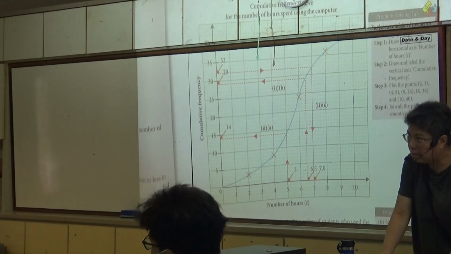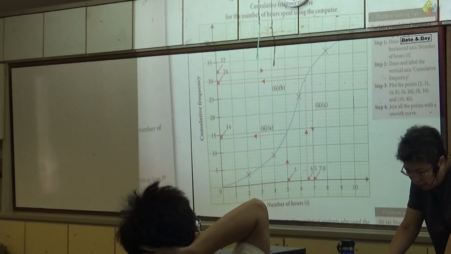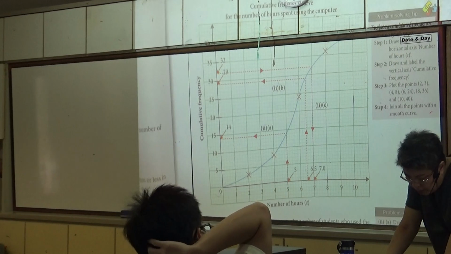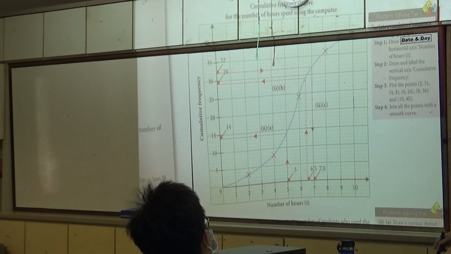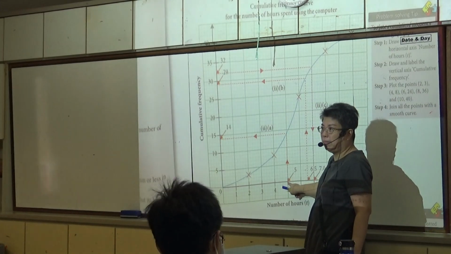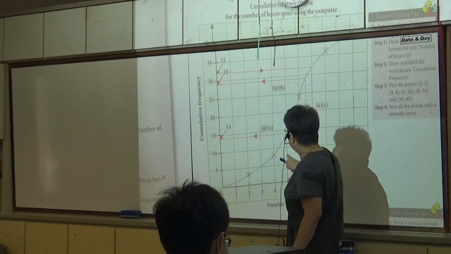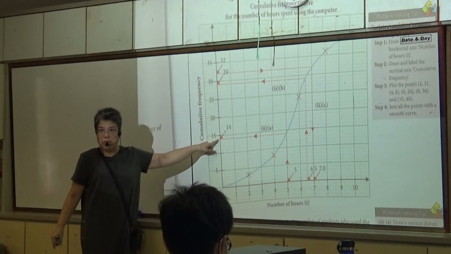Okay. Alright, now let's take a look at the question here. Using the cumulative curve, estimate the number of students who use the computer for 5 hours or less. Now, can you see 5 hours is here? So you touch the curve, read here. So how many students? 14.